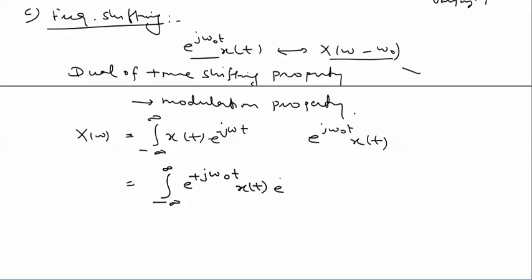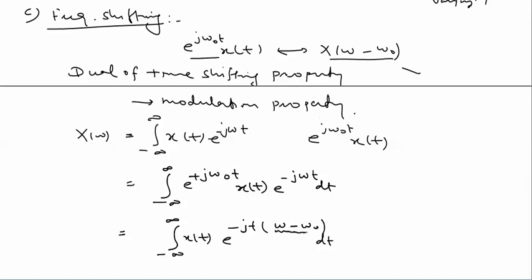The integral of x(t) e power minus j t (omega minus omega naught) dt.